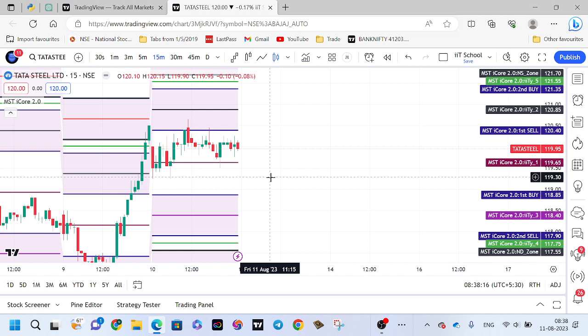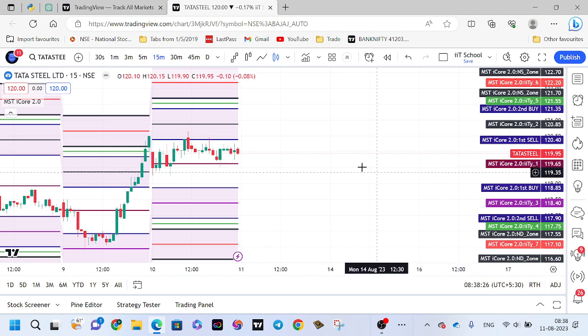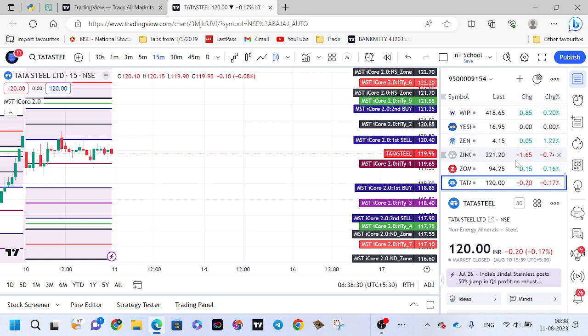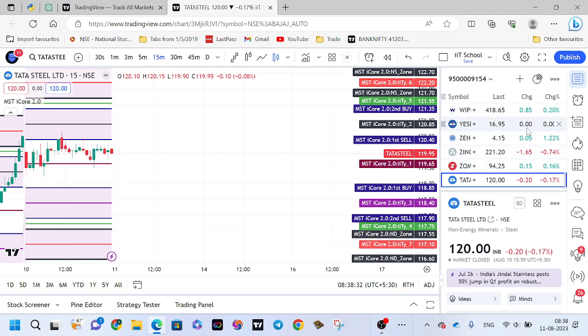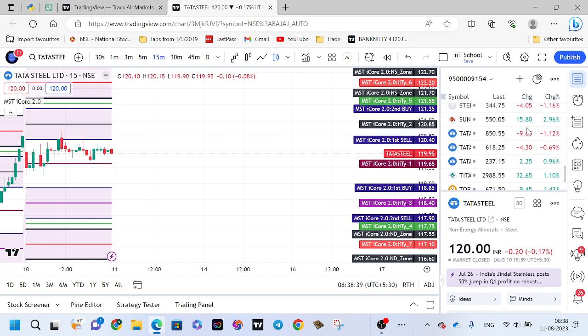Don't put in your hard earned money, and don't take debt from people for trading. Don't keep any jewels in the bank to trade. It will not yield you money. Only if you have excess money, come to this trading system. Otherwise, please refrain from trading. It is not possible to succeed.